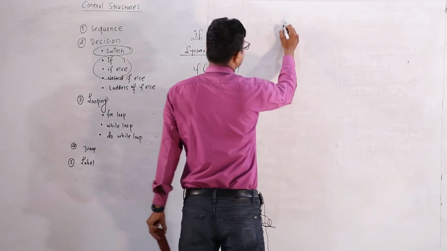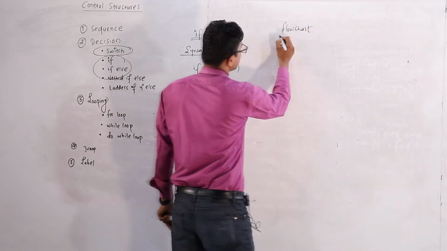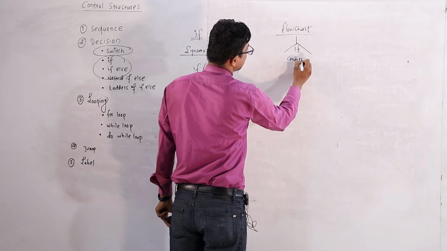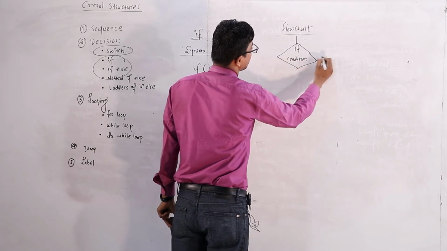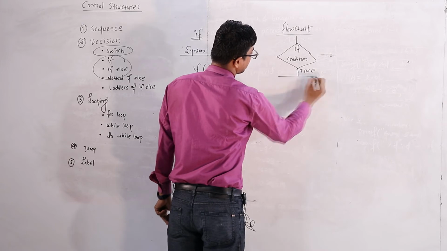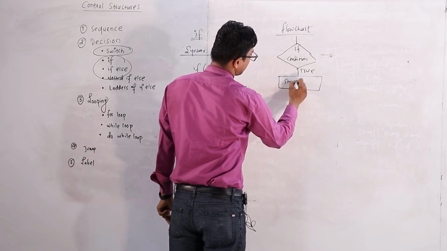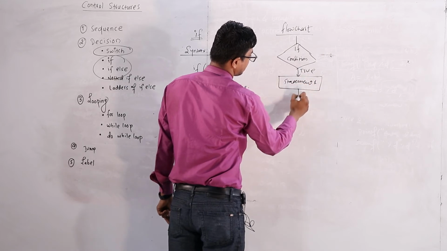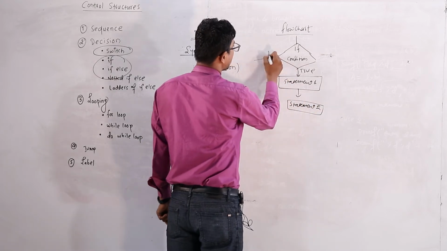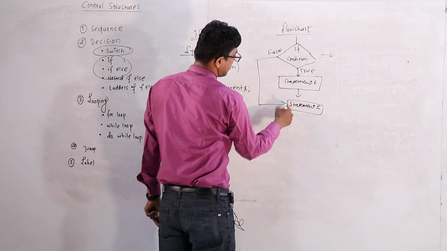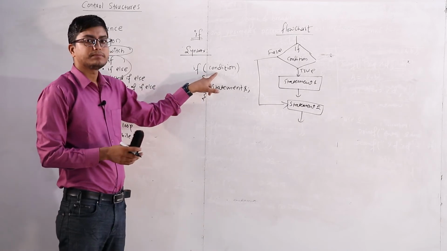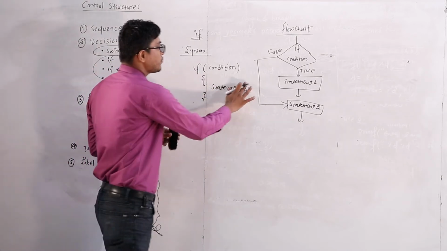Let's see the flowchart. If the condition is true, statement 1 is executed. If false, it goes to statement 2.